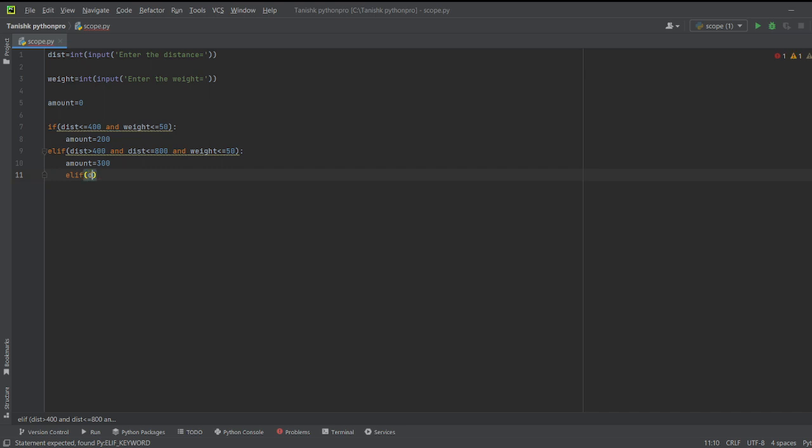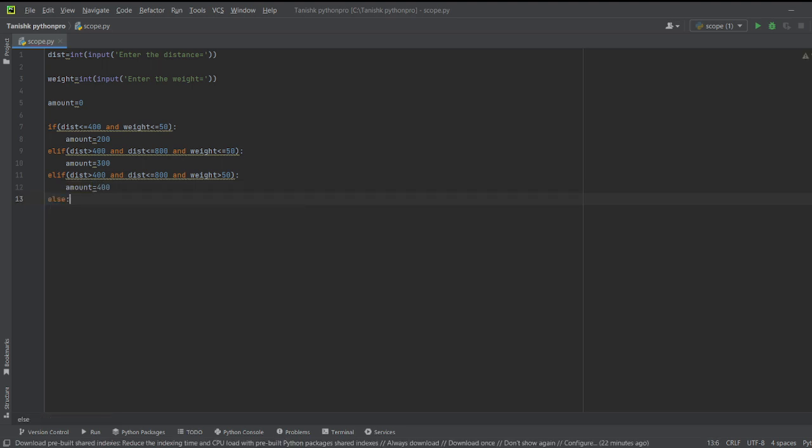If this, which means distance is less than 400 and this is less than equal to 800 and weight is greater than 50, amount is equal to 400.